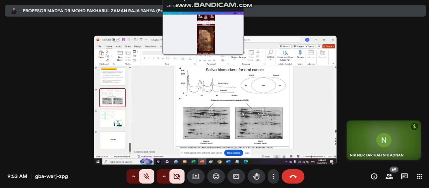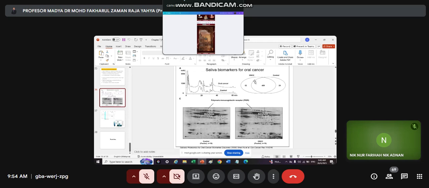So if we identify all the proteins in normal and oral cancer samples, we can determine the number of proteins exclusively expressed in oral cancer sample, exclusively expressed in control samples, and also proteins shared by both conditions.